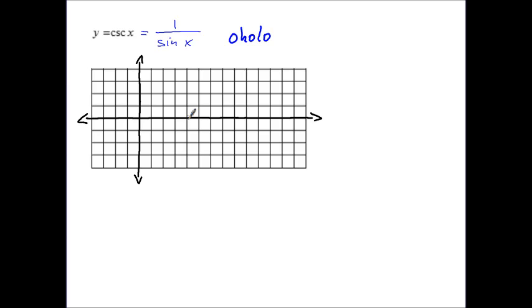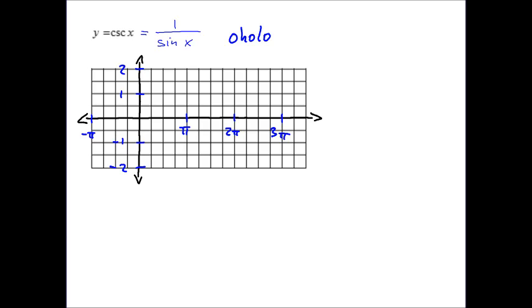First, as always, we're going to label our axes. 4 boxes is pi, 8 boxes is 2 pi, 12 boxes is 3 pi, negative pi, and up 1, 2, down negative 1, negative 2.